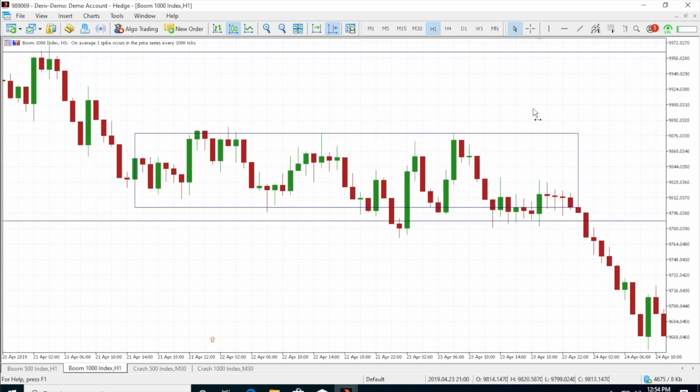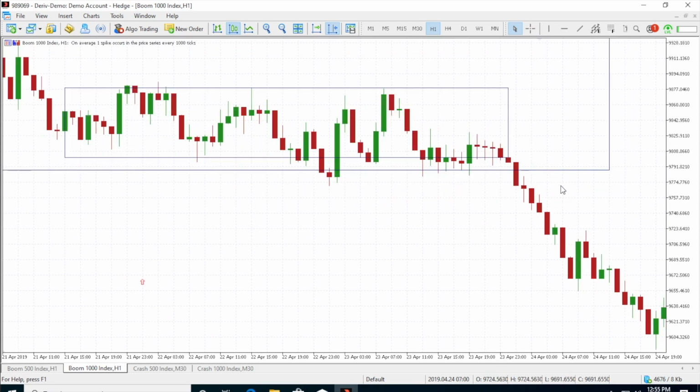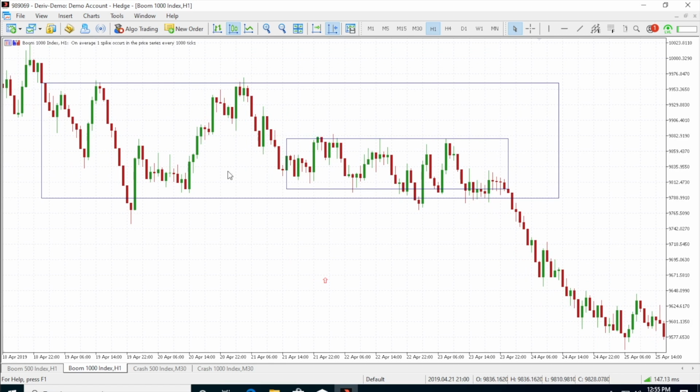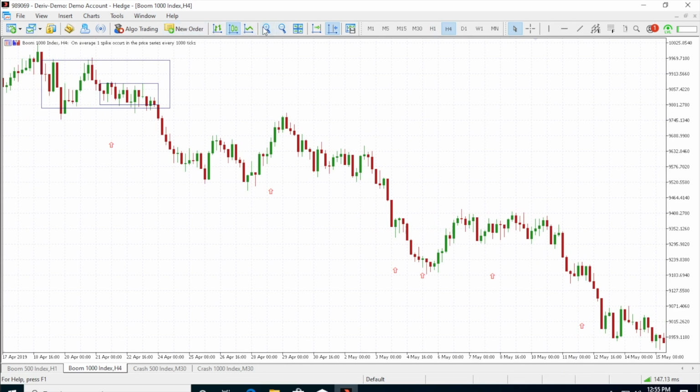Just to be sure, you don't have to sell exactly when the market breaks the smaller box. Wait for the market to break the outer box also, because we drew this box for confirmation, right? The market has been consolidating in this area. If you go to the 4-hour chart, it will be like this.